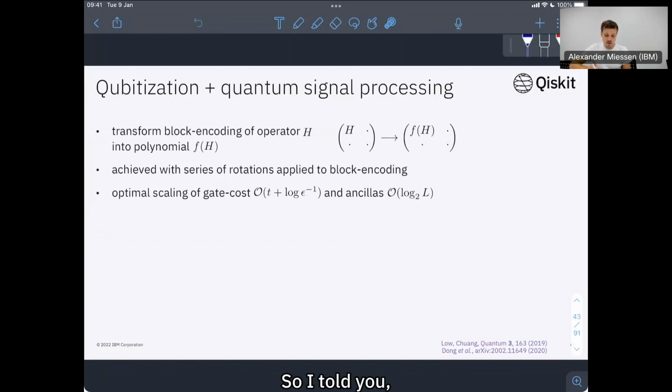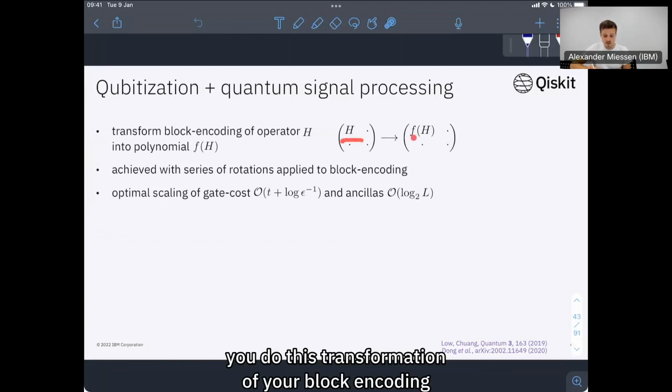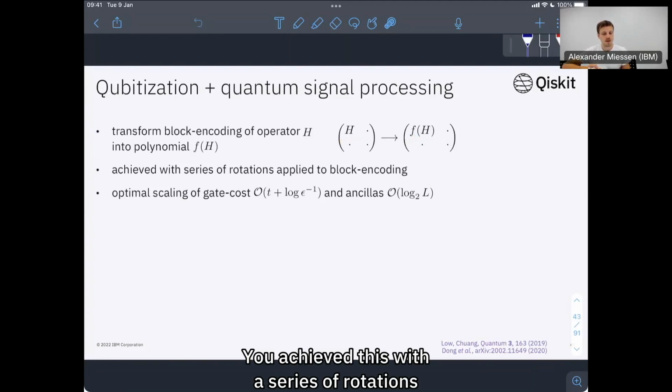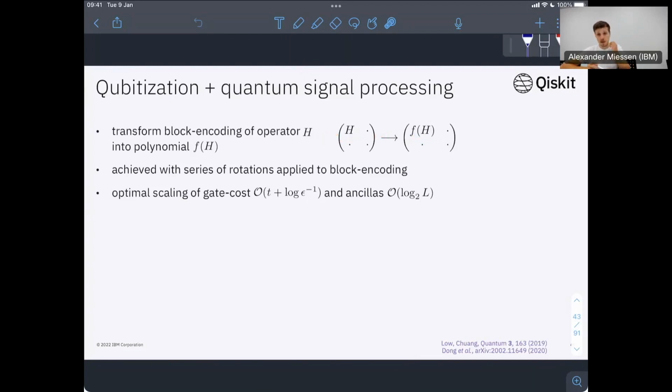A bit more specifically, so I told you, you do this transformation of your block encoding into a polynomial of special kind. You achieve this with a series of rotations applied before and after this block encoding.